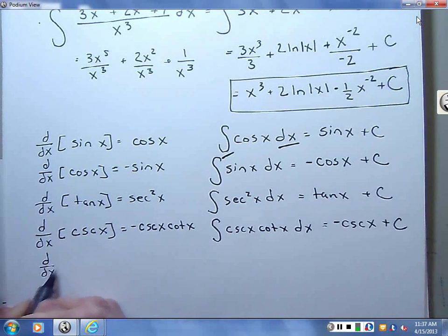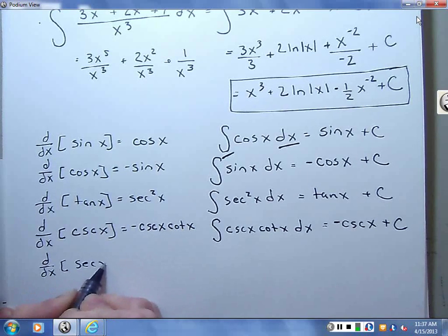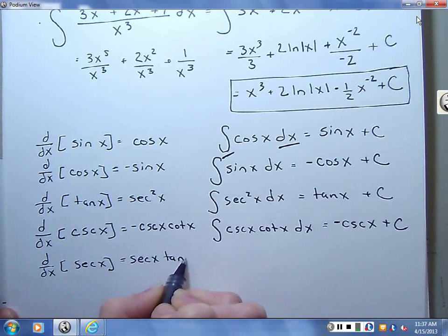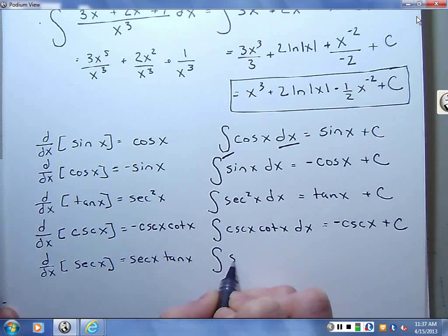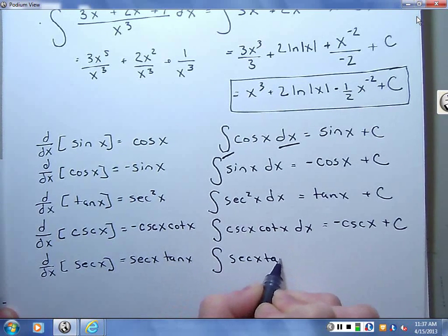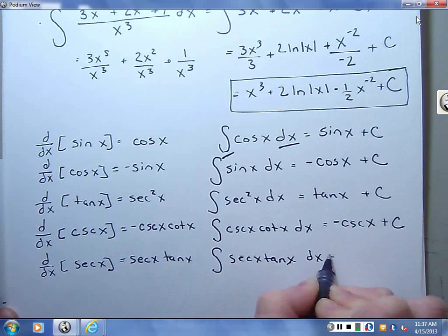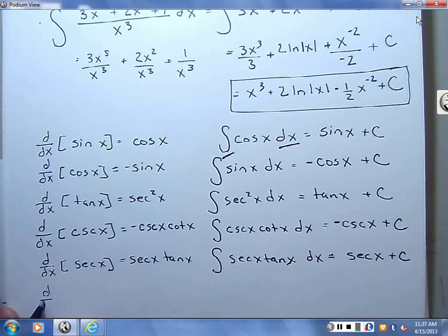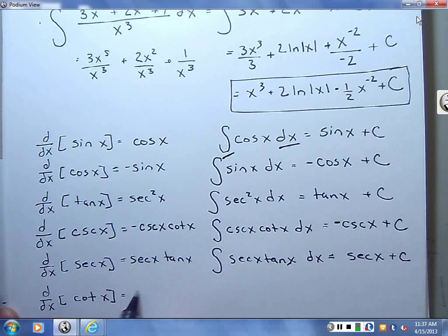What's the derivative of secant? Secant of x, tangent of x, right? So this is saying that the integral of secant x tangent of x with respect to x is secant plus c. And then the last one, the derivative with respect to x of cotangent of x, negative cosecant squared.